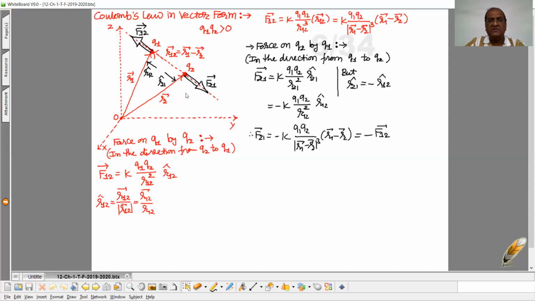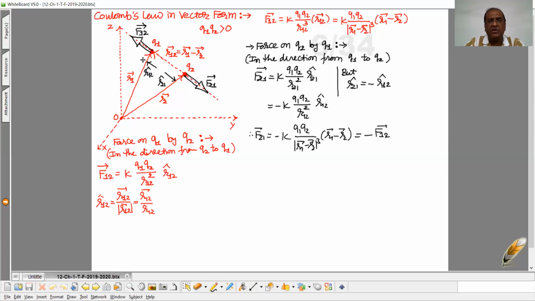Now suppose first we think about force on q1 by q2. That will be in the direction from q2 to q1 because it is a repulsive force. Force on 1 by 2 is k q1 q2 upon r12 squared. To give it vector notation, we have to multiply it by a unit vector in the direction of the force.